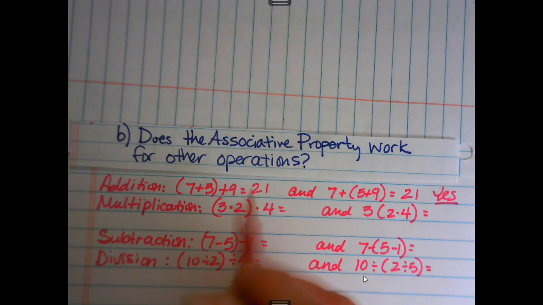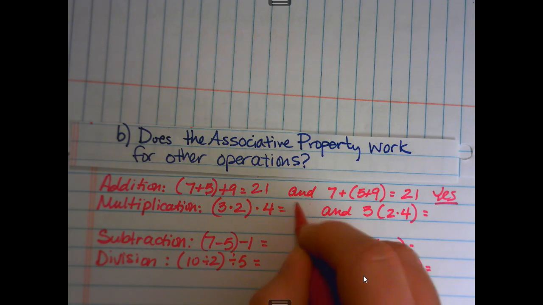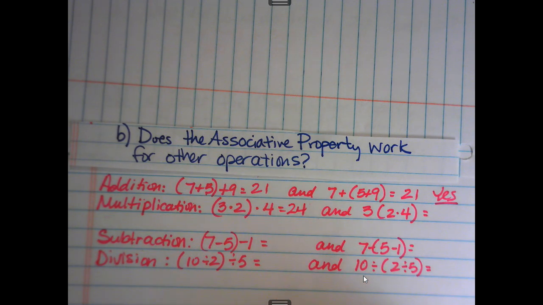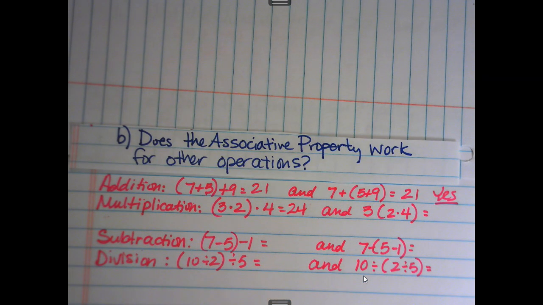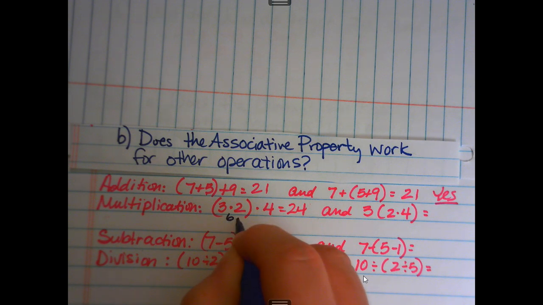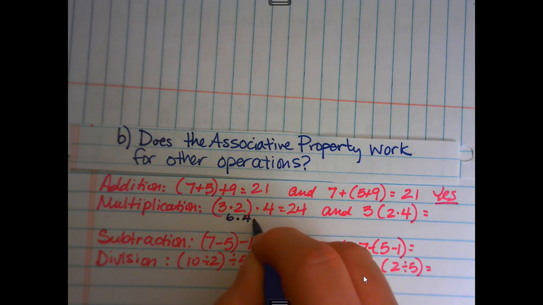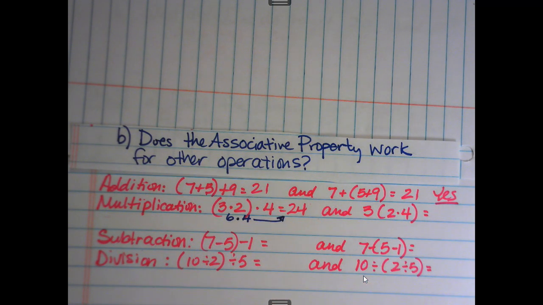Multiplication, I would do 3 times 2 gives me 6. 6 times 4 gives me 24. And I can write this out and put that in a different number here. 6 times 4, and I end up at 24.